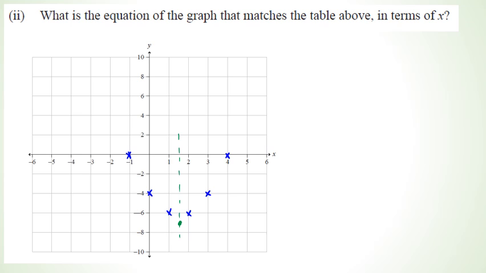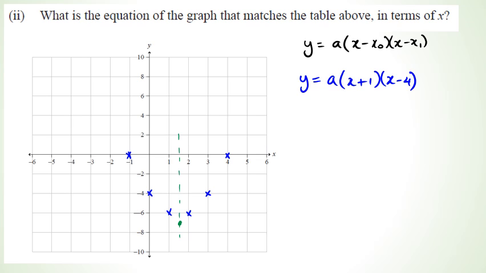So from here, I can write this equation in the intercept form, where you have x minus x0, x minus x1. Now you might have different ways of writing this, folks, but I'm just going to use this one here. So then I can write this as y equals a times (x plus 1) and (x minus 4).